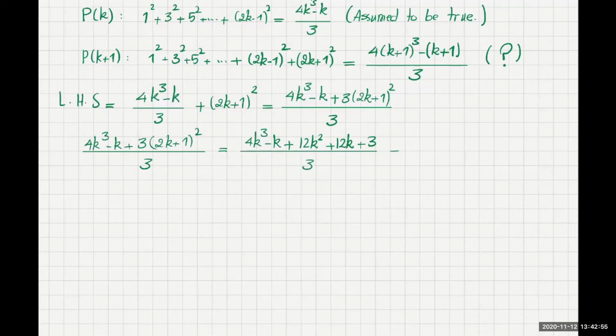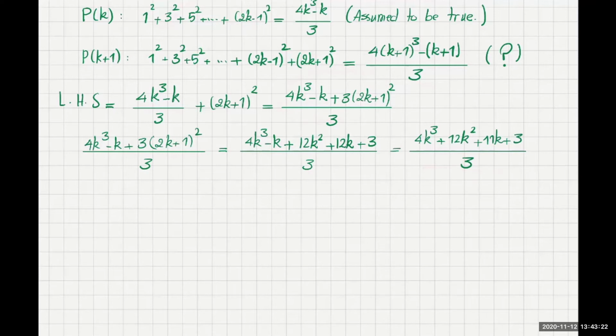If I want to simplify it a little bit more, 4k^3 is alone. And then 12k squared is also alone. But minus k here and 12k here, it becomes 11k, and then I have plus 3 at the end divided by 3. So what I'm saying is that the simplified version of this expression is this.